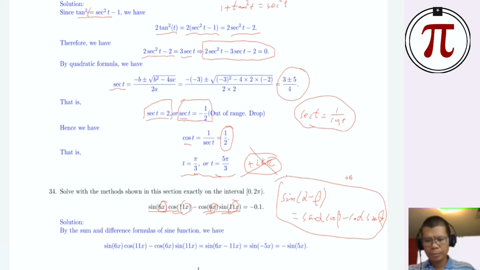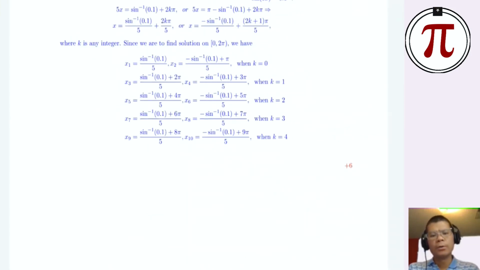Therefore, when alpha is 6x and beta is 11x, the left-hand side is simply the sine of 6x minus 11x, which is sine of negative 5x, which is negative sine 5x, because sine is an odd function. So the left-hand side is simply negative sine 5x.